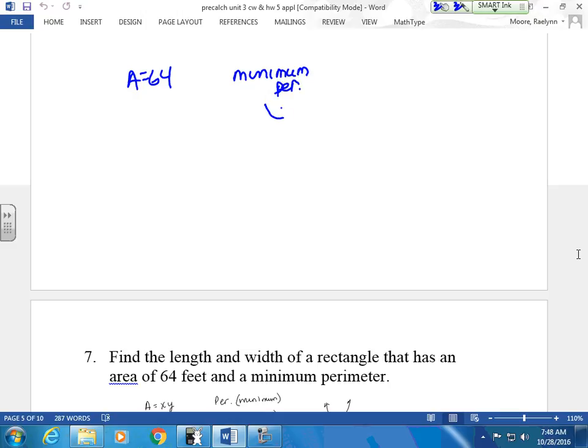So this is what's going in your Y1. If it's a minimum, which way is my graph going? Going up. So somewhere, and we've been noticing that they kind of have a little slant to them, this is my minimum. When I find my X, Y1, this is going to be my perimeter.